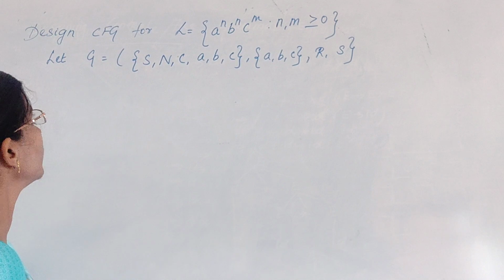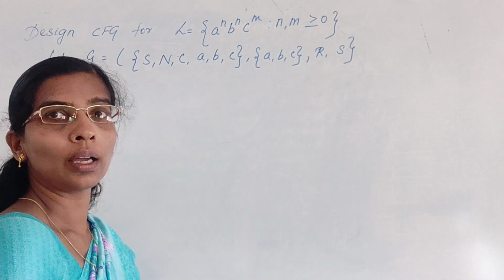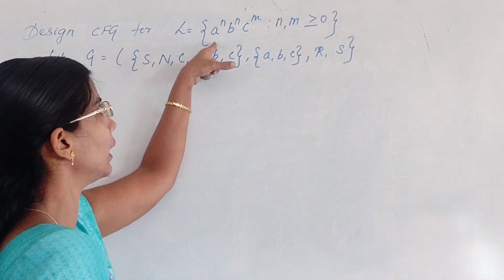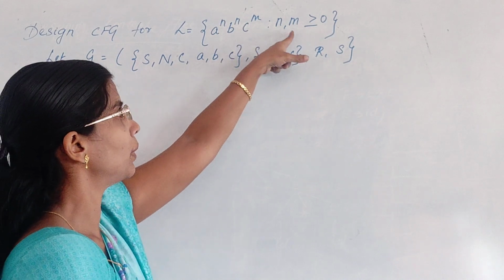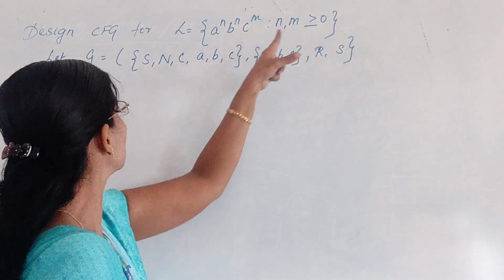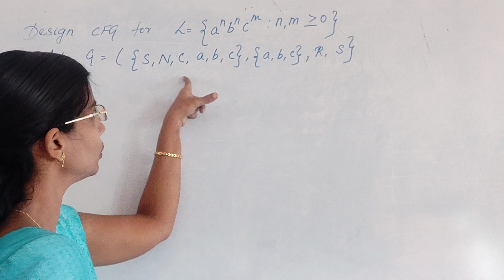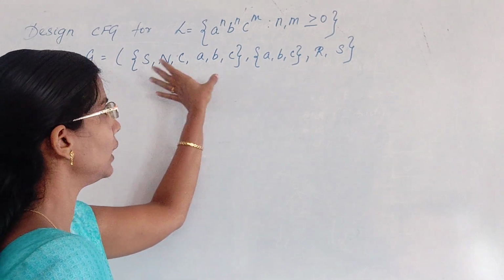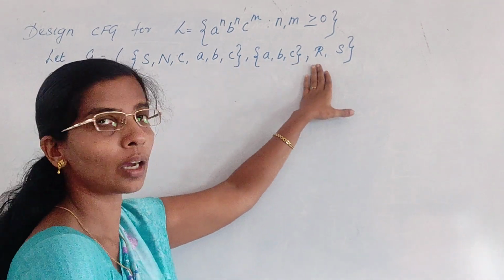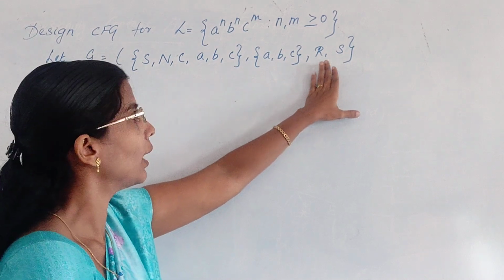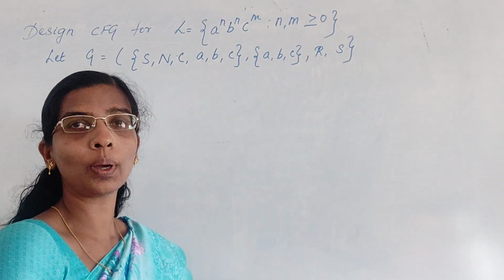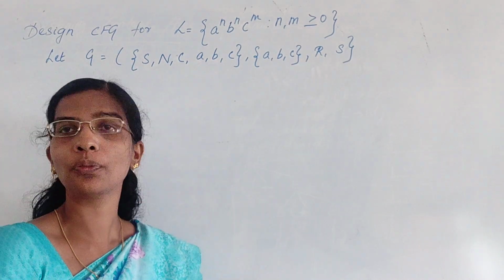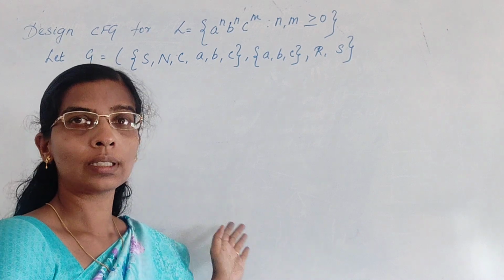So I have to design a context-free grammar and the language is given as a^n b^n c^m, n, m greater than or equal to 0, and let G be the grammar with its variables, terminals, rules of productions and start symbol. Now I have to generate the context-free grammar for this language.